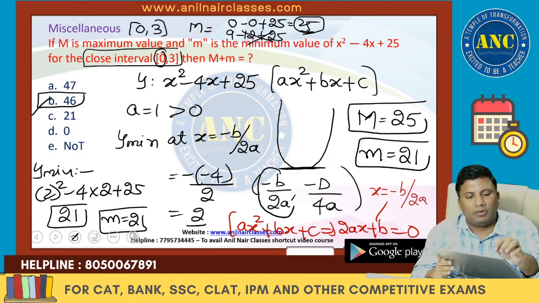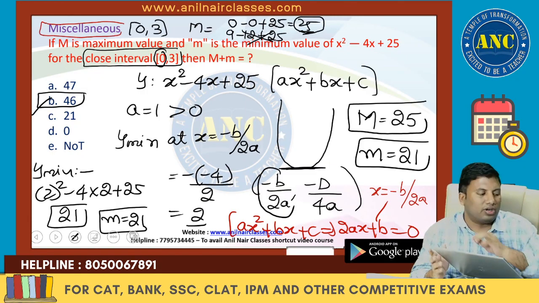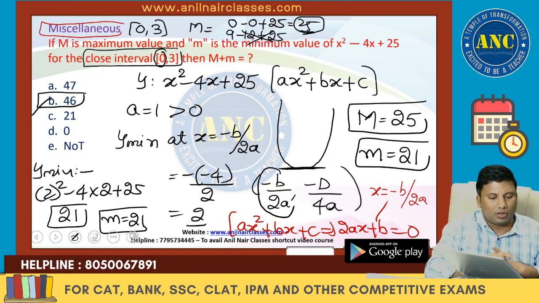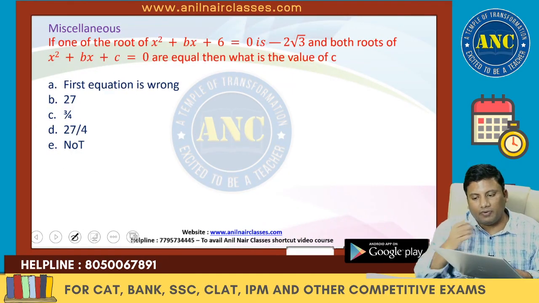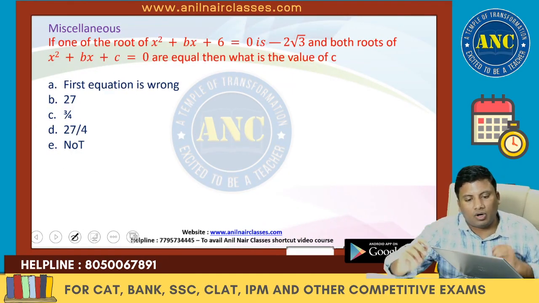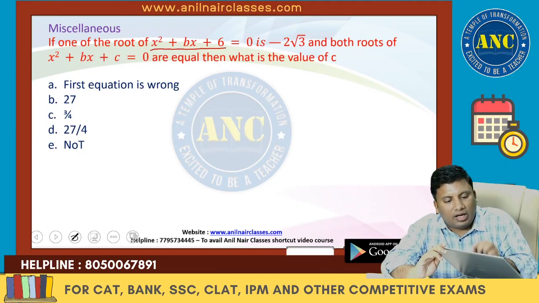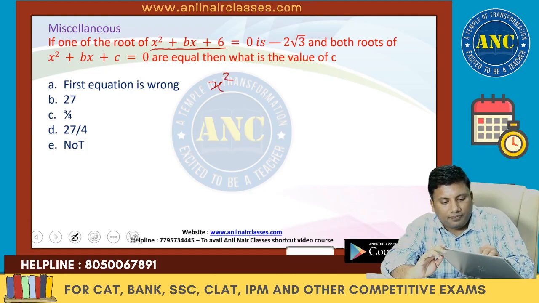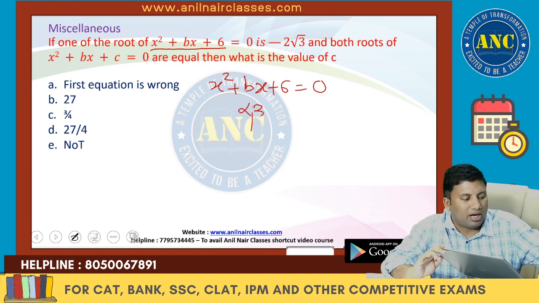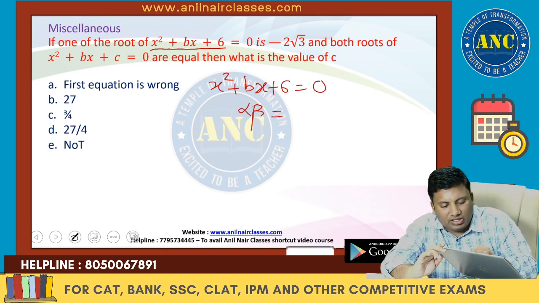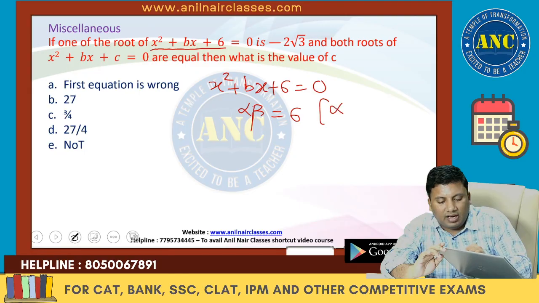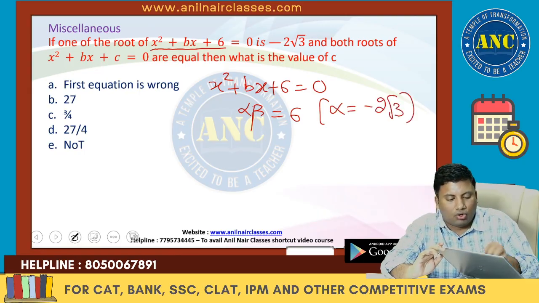Next, all miscellaneous problems we are going to discuss. If one root of x square plus bx plus 6 equal to 0 is given, the product of the roots is 6. One root is minus 2 root 3.